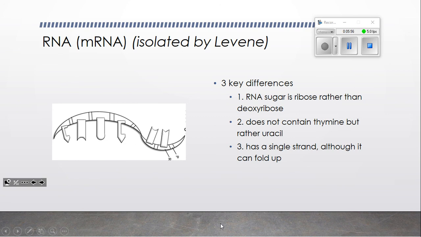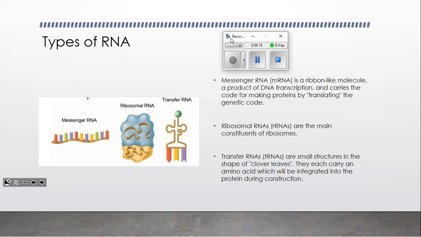Now you might also be saying, hey, this is Baxter. It says RNA, then it says mRNA. What in the world is that little M for? There's actually more than one type of RNA. We're not even going to discuss all of the types that exist, but I would like to tell you about a few of them.